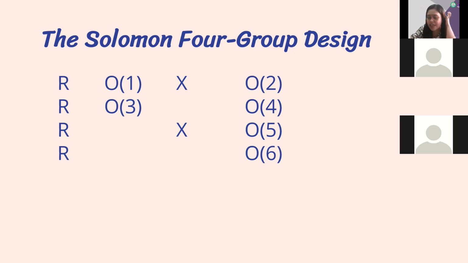So this is a high level na research design. So anong ginagawa for the Solomon 4 group design? Syempre you have the 4 groups here. You have the R. Lahat sila may randomization, meaning the assignment of the participants or the subjects in each group is done randomly.